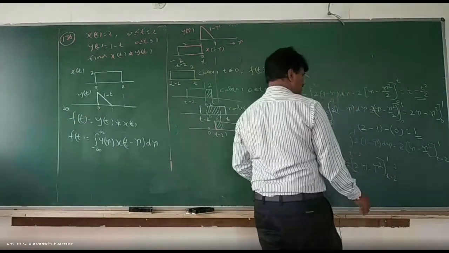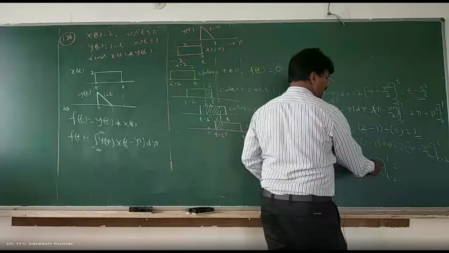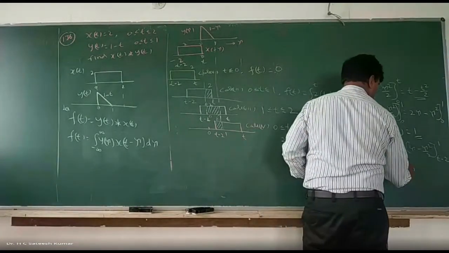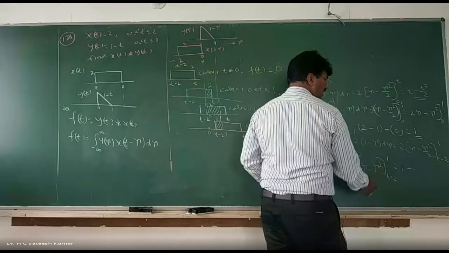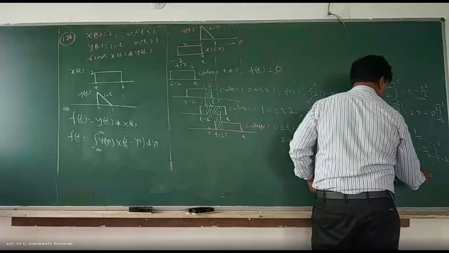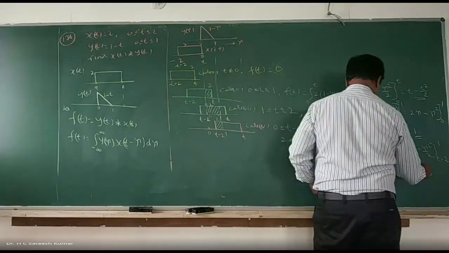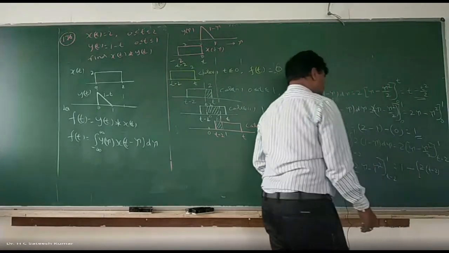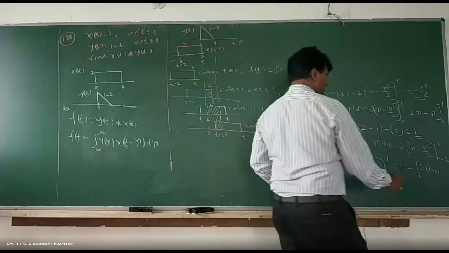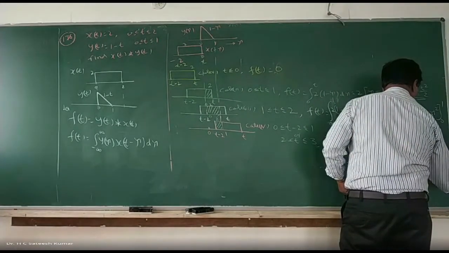Upper limit: 2 into 1 minus 1 square, so 2 minus 1 is 1. Minus lower limit: 2 into t minus 2 minus t minus 2 whole square.